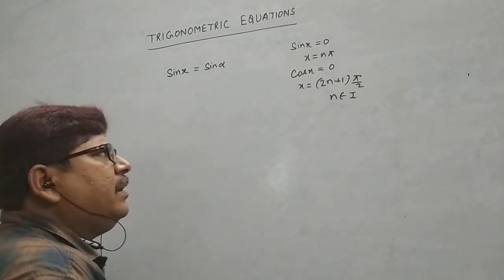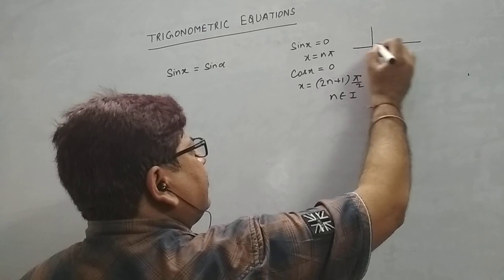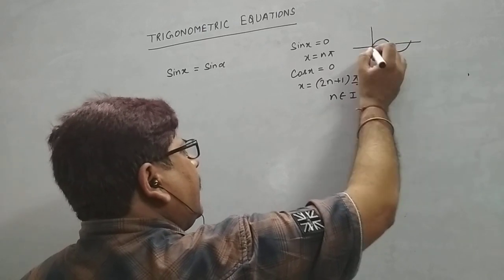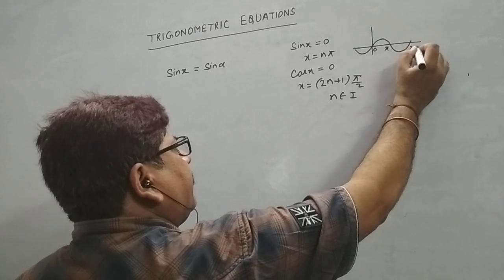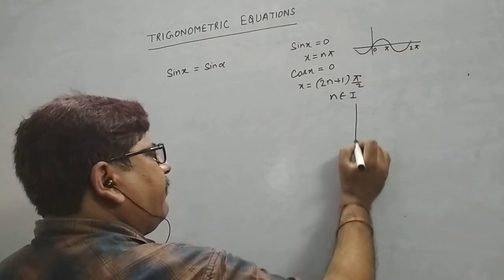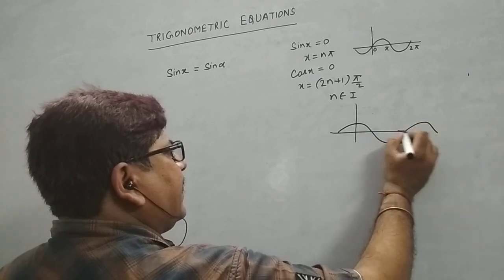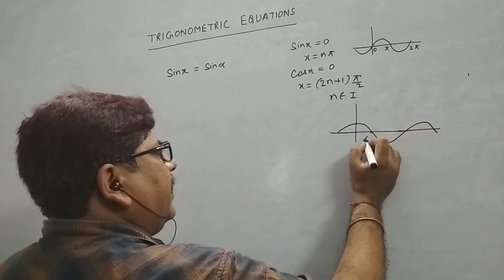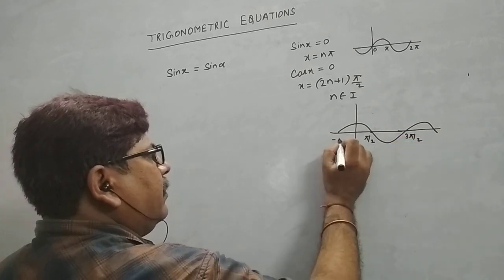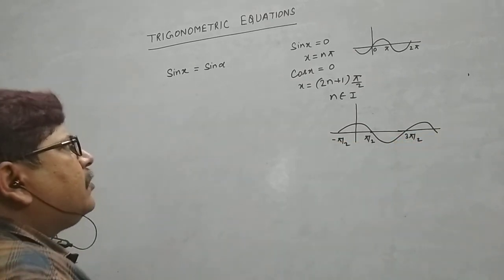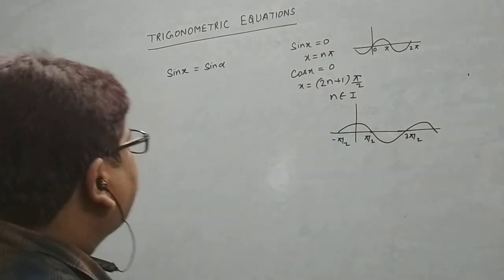The graph of sin x always intersects the x-axis at integral multiples of pi, and the graph of cos x always intersects the x-axis at odd multiples of pi by 2. So these are general results which we will be using.